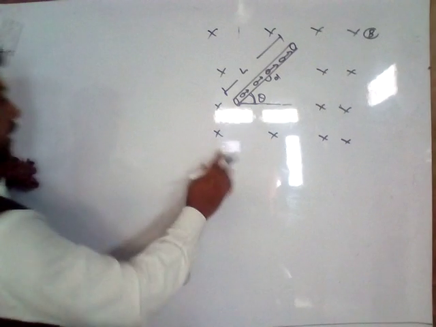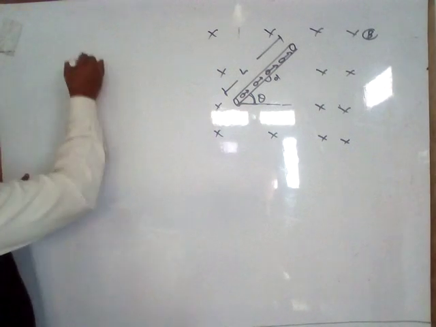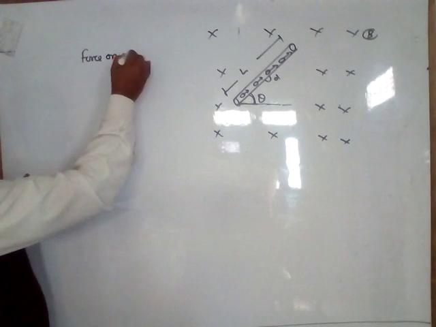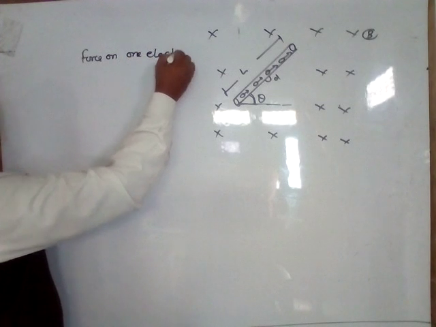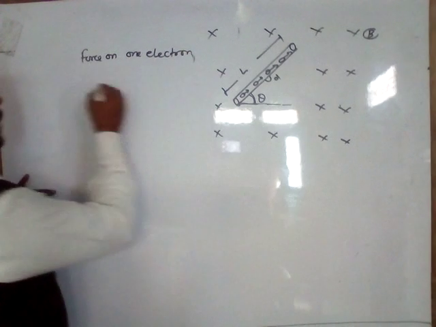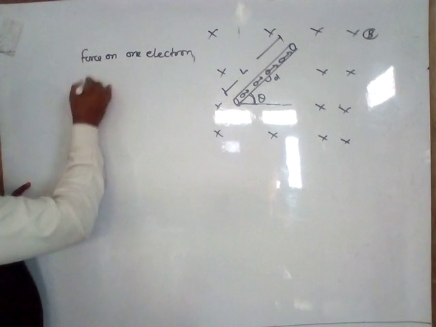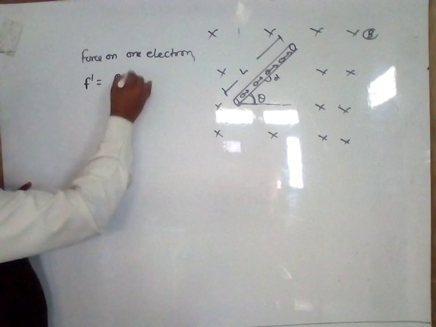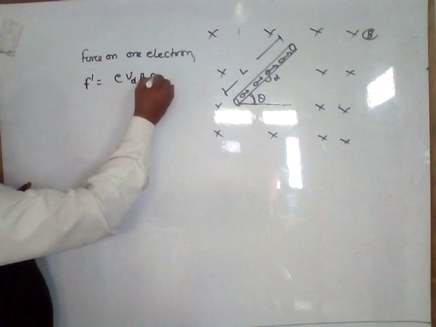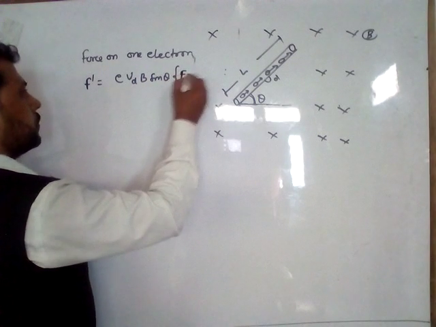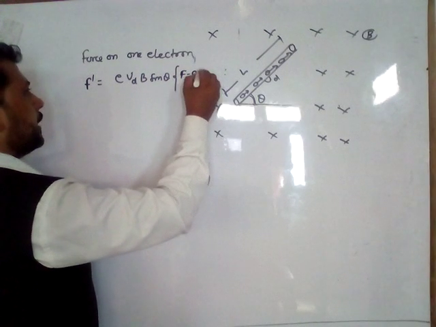So force on one electron, using the formula qVB sin theta, is F dash equals eVdB sin theta.